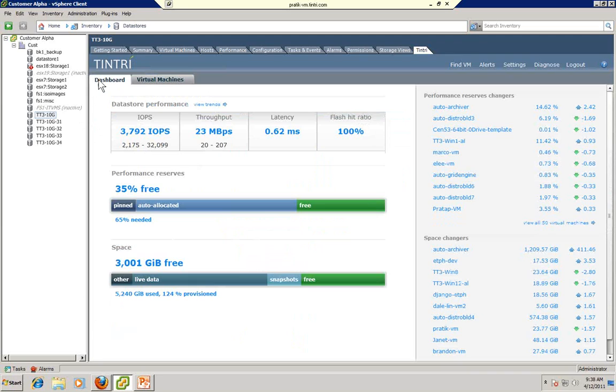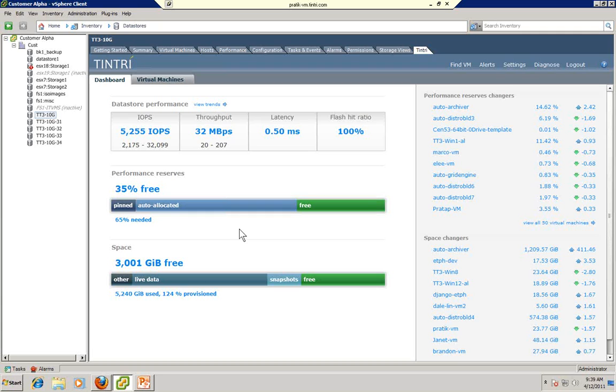So going back to what Kieran was talking about, if you look at the performance fuel gauge, you see three sections. You see one section which says pinned, auto-allocated, and then how much performance is available. On our system, when you put VMs on it, we auto-allocate how much performance reserves are given to that particular VM.